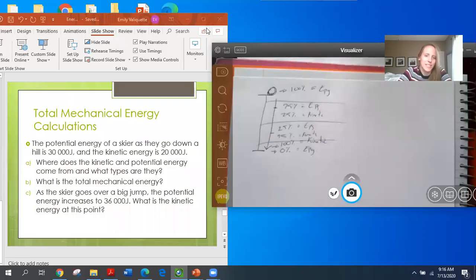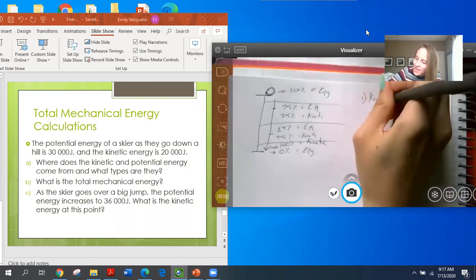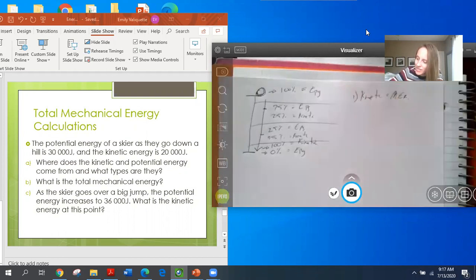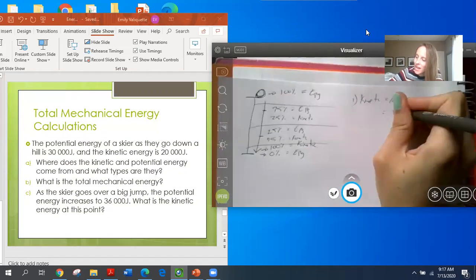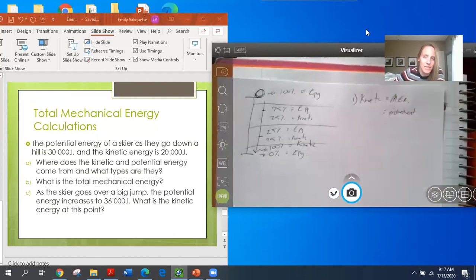Okay, so this question says the potential energy of a skier as they go down a hill is 30,000 joules and the kinetic energy is 20,000 joules. Where does the kinetic and potential energy come from, and what types of energy are they? So for question number 1, the kinetic energy is going to be your mechanical kinetic energy, and it just has to do with the movement of the skier down the hill.